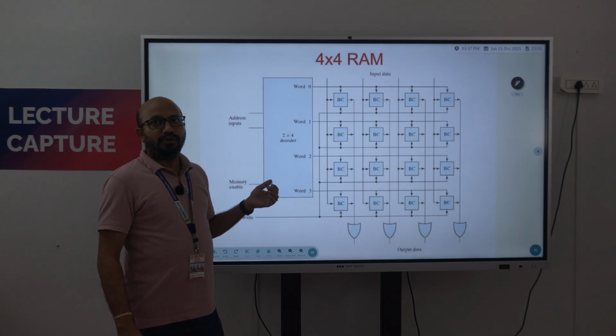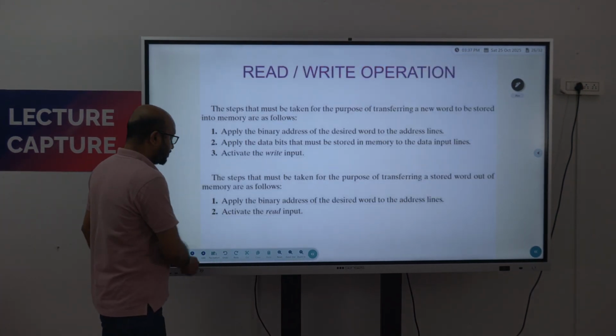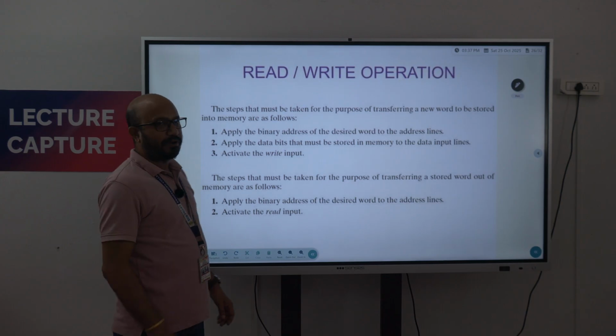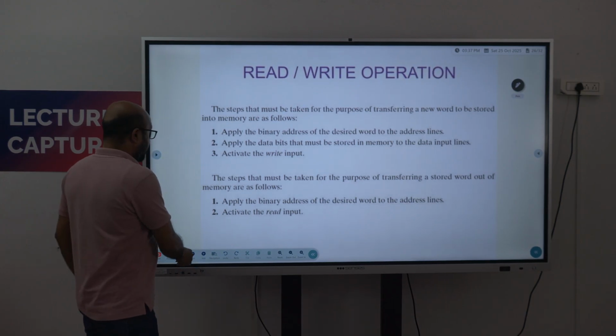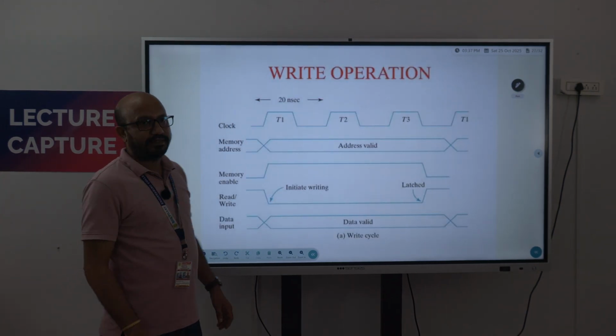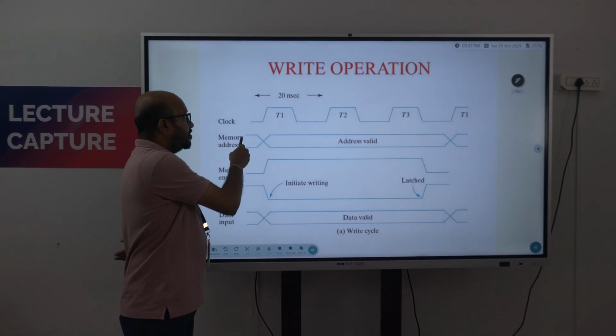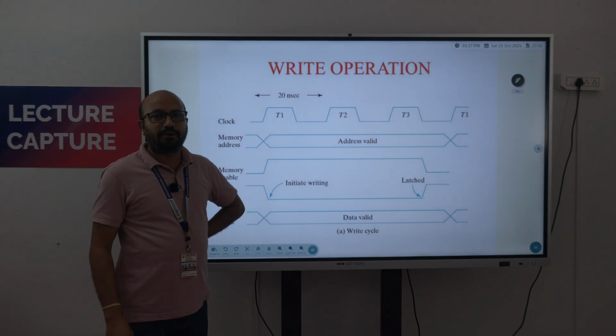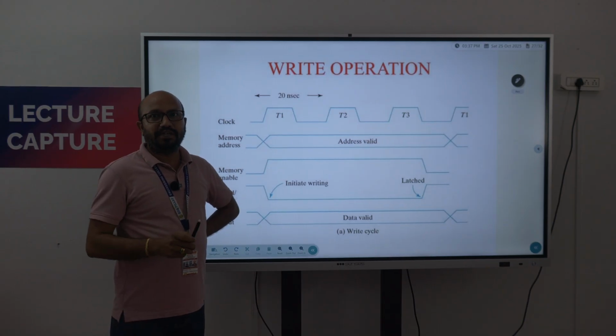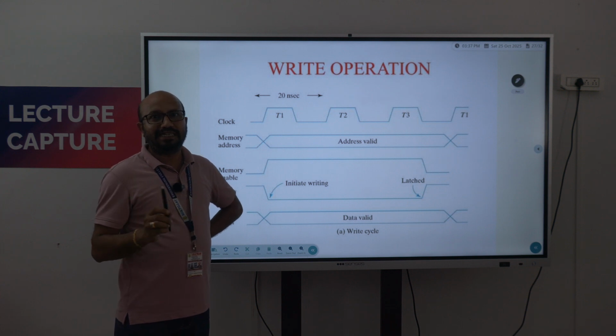So this is how we do the read and write operation. The basic thing is that this timing diagram is very important. Based on the clock, this clock frequency is very important. We know that in a computer the speed is given in frequency. If you see in the properties, you can check the speed.